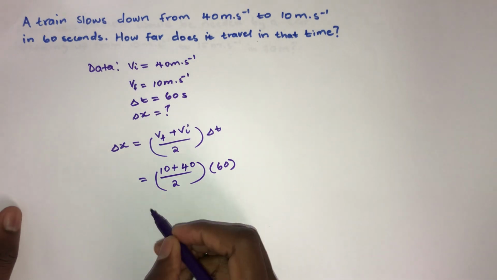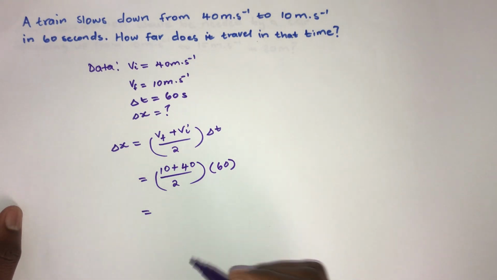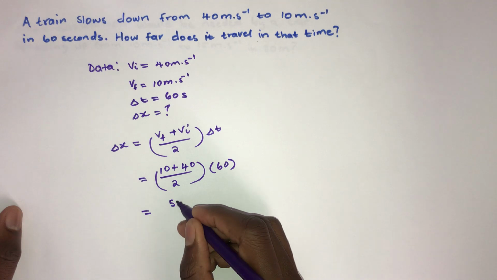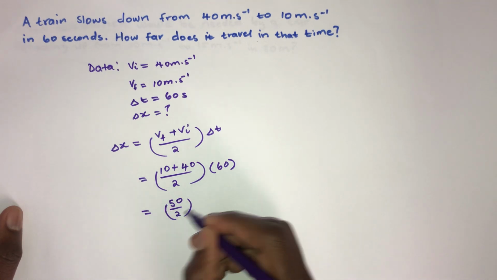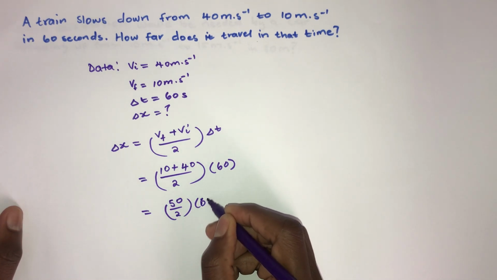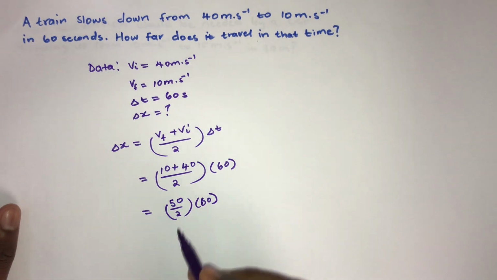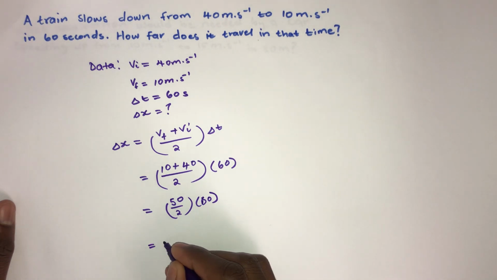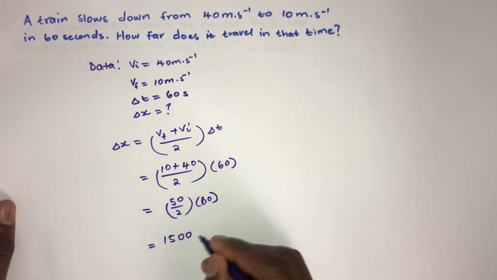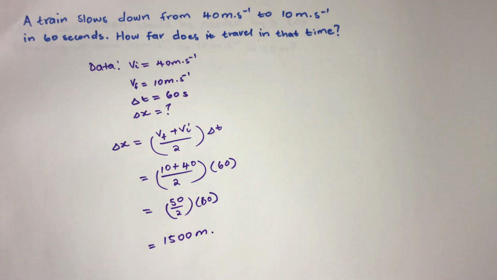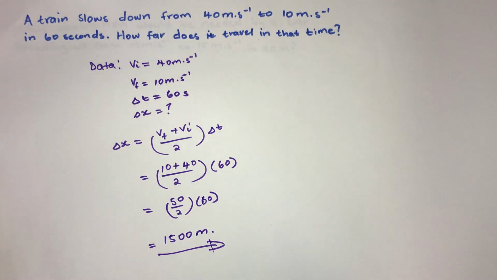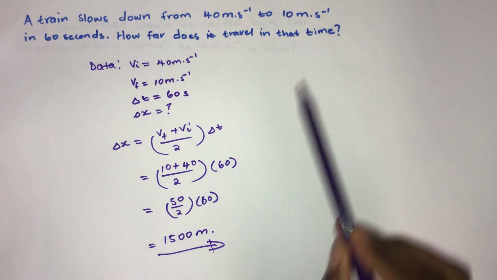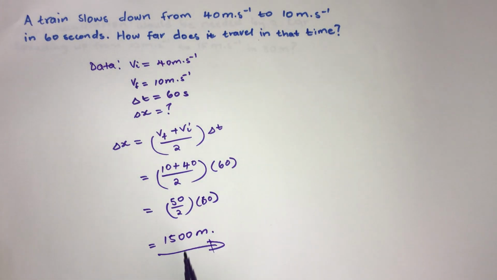So 10 plus 40 is 50, divided by 2 is 25. 25 times 60 is 1500. So that is 1500 meters. That is the answer to the question.